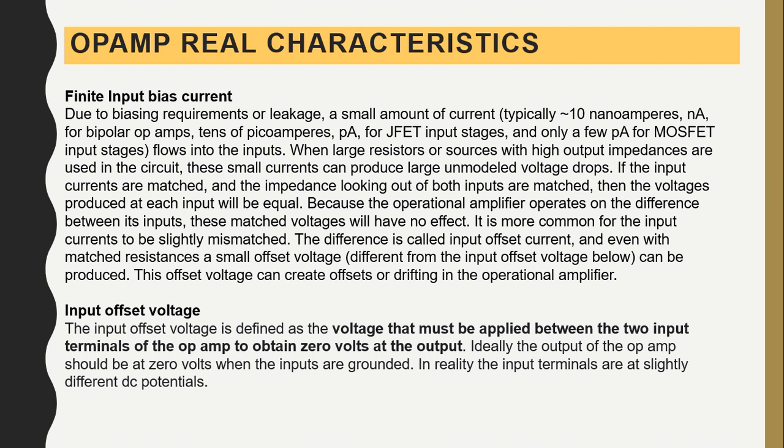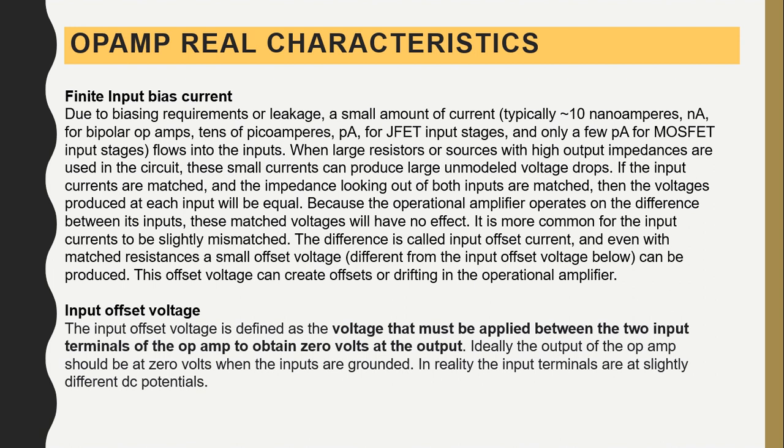Because the op-amp operates on the difference between inputs, these matched voltages will have no effect. It is more common for input currents to be slightly mismatched. The difference is called the input offset current, and even with matched resistances, a small offset voltage can be produced. This offset can create offsets and drifts in the op-amp. So this is also one of the critical parameters.